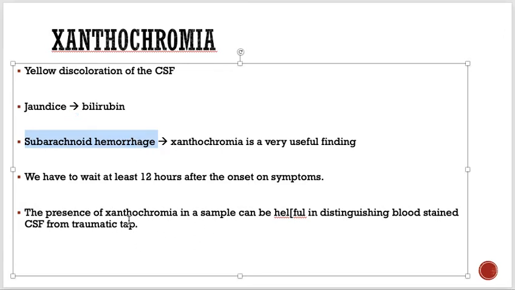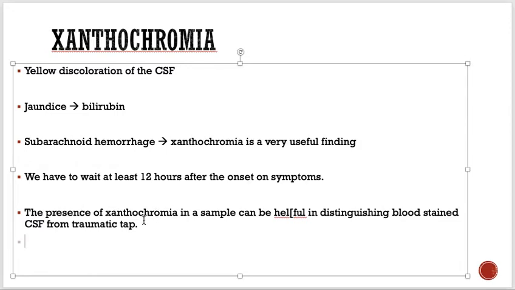When there is no xanthochromia, it's a traumatic tap, where during lumbar puncture you have punctured a blood vessel. Because in a traumatic tap, it takes 12 hours for the blood to be broken down and xanthochromia to be present. So this is a very important test to distinguish between these two.